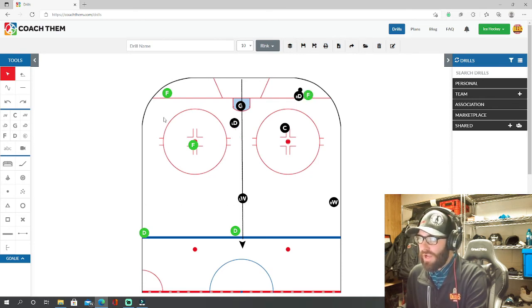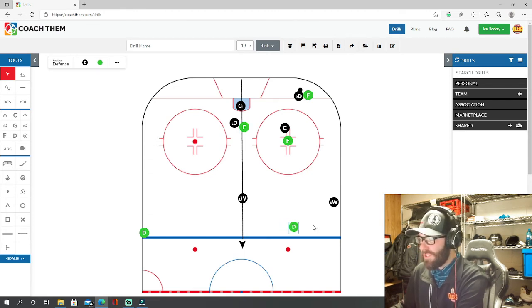So this forward would transition there. This forward would transition here. And this forward would transition to the front of the net right there. Okay? With the D transitioning over here.